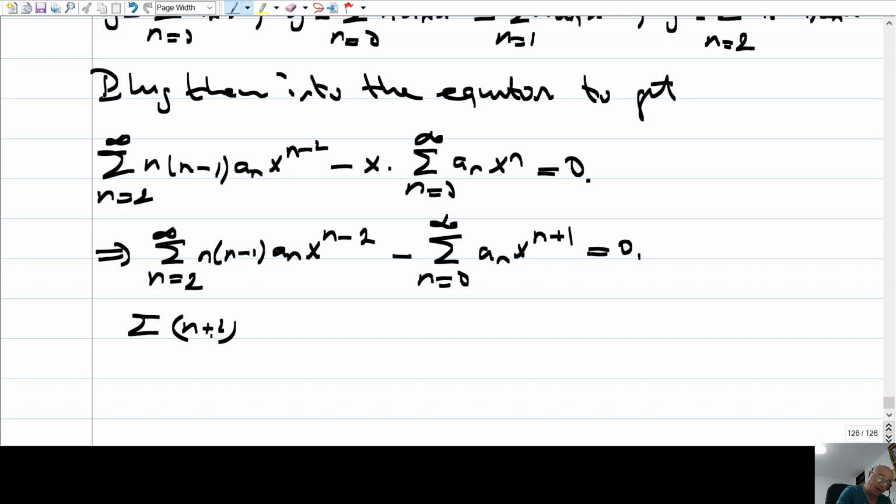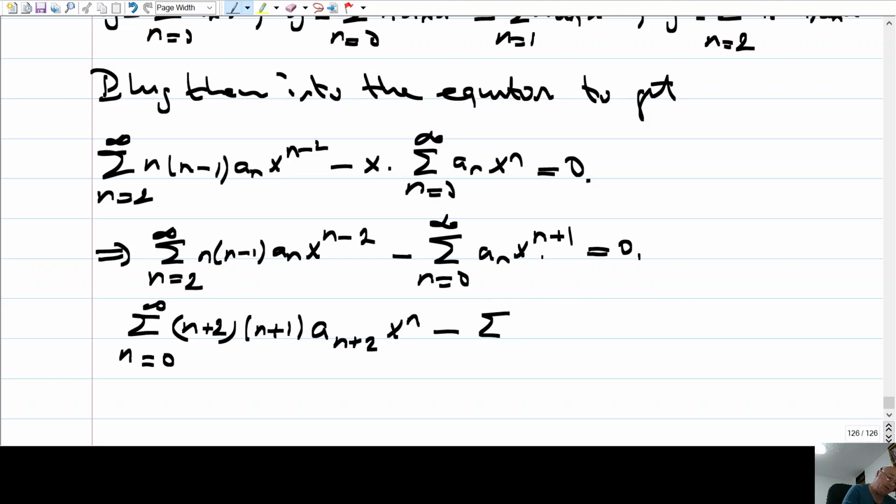So n becomes n plus 2, n minus 1 becomes n plus 1, a_(n+2), and here I have x^n. Since I increase this n by 2 to get equal summation, I should start with n equals 0. You see, when you plug 0, you get 2 times a2 times x to the power 0, and when you plug 2 in the original, you get the same thing.